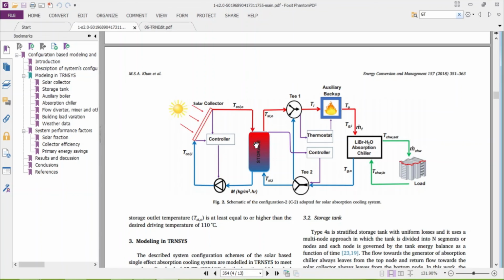Otherwise, it will keep heating here, and this portion will be working only on auxiliary. Whenever the temperature is above 108, it will go directly here. Otherwise, it will keep circling like this.